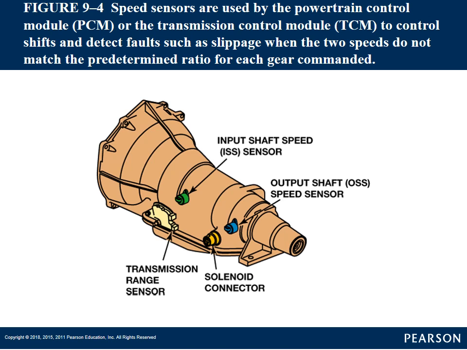Here's a picture of where some of these sensors are. On the side of the transmission on this one, we have an input speed sensor and an output speed sensor. We're going to have some sort of connector that goes through the case of the transmission, because we have solenoids on the inside of this transmission, and we need to run wiring from the TCM or PCM into those solenoids.